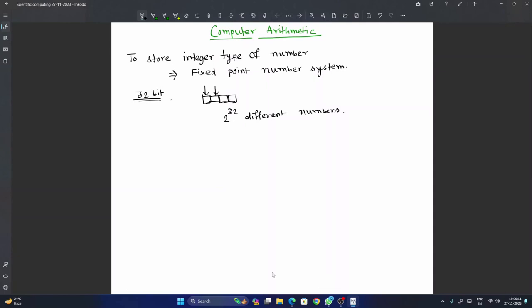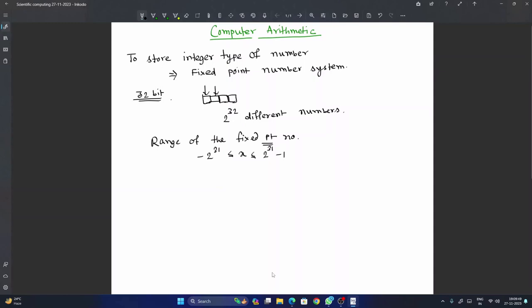In that case, the range of the fixed point numbers in this 32-bit system is minus 2 to the power 31 less than or equal to x, and x less than or equal to 2 to the power 31 minus 1. So that is the minimum that you can store in the fixed point number system in a 32-bit machine, and that is the max number, 2 to the power 31 minus 1, that you can store.